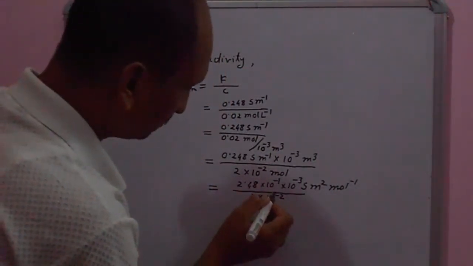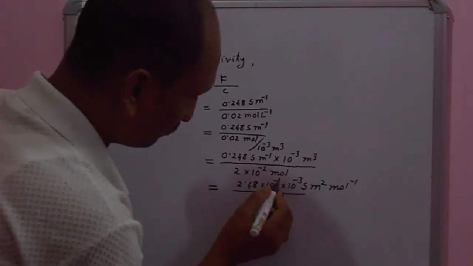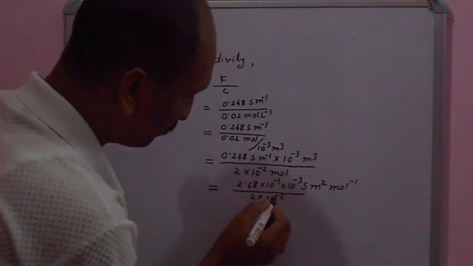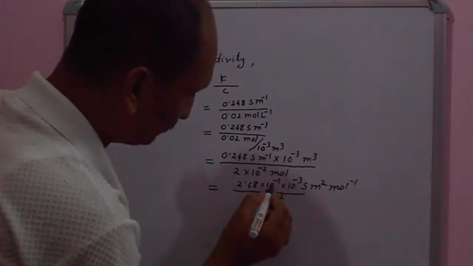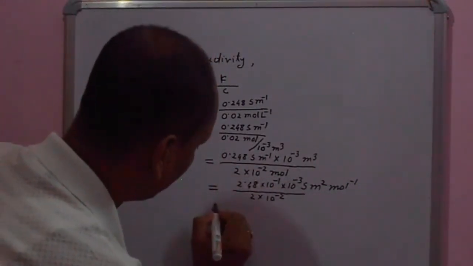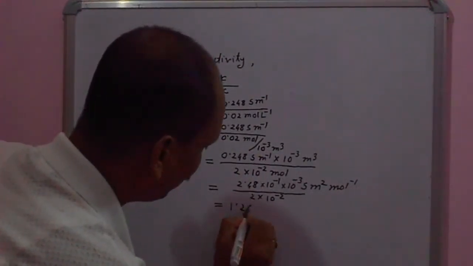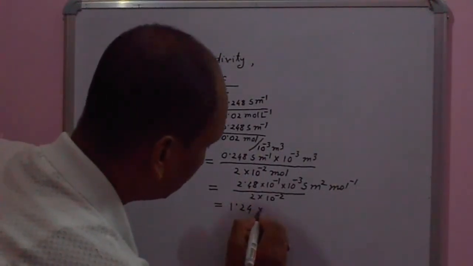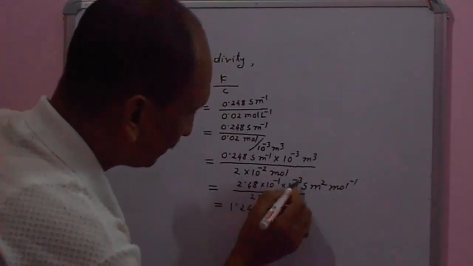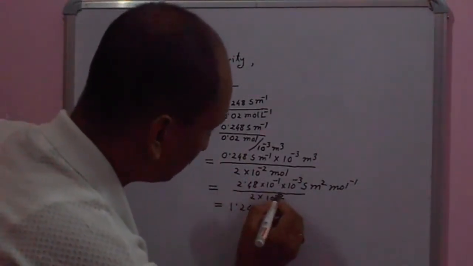Now this is equal to 10 to the power minus 1 and 10 to the power minus 3, that will be equal to 10 to the power minus 4. If it will go up, that will be 10 square, that means 10 to the power minus 2. And if you divide this by 2, then it will come out 1.24 into 10 square.